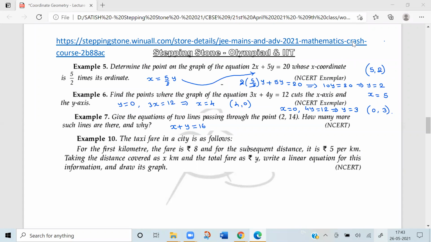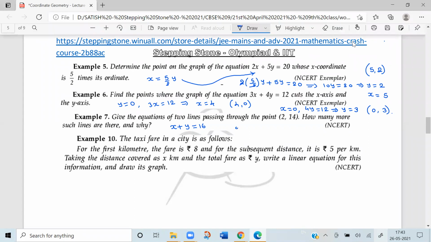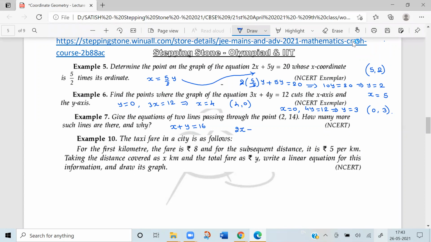So one equation passing through the point (2, 14) is x + y = 16. Now, you write some expression and check the value. Suppose I am taking 2x - y equals. Now, how much must the constant be? You substitute (2, 14) in this.